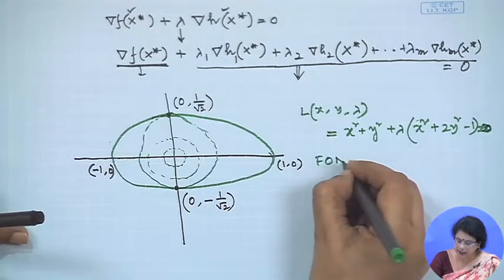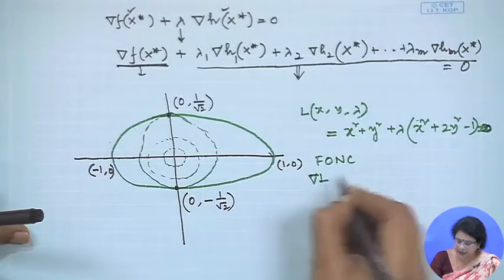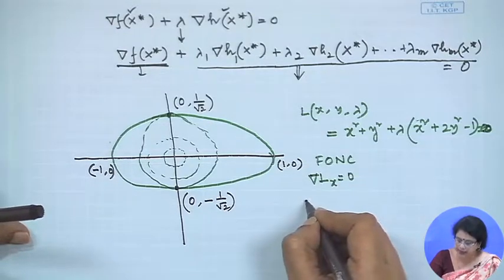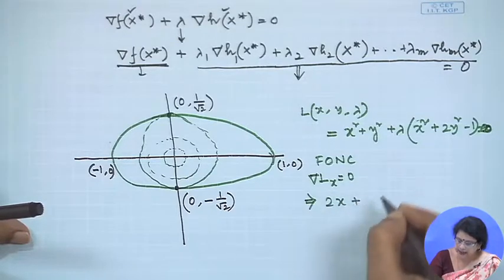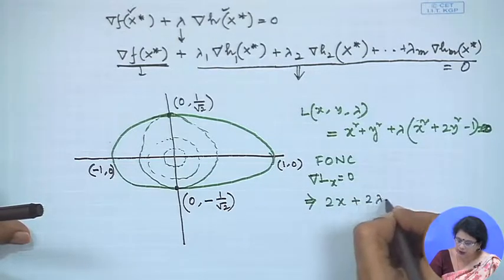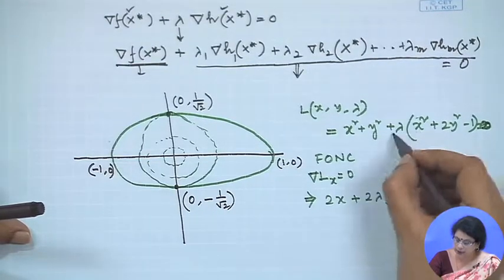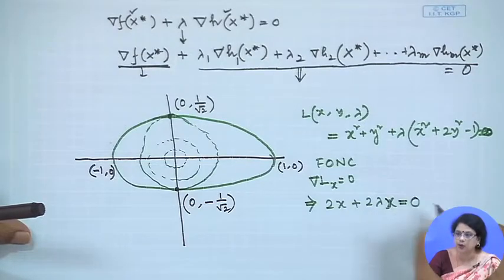The grad of L with respect to x must be equal to 0, which implies 2x plus 2 lambda x must be equal to 0.